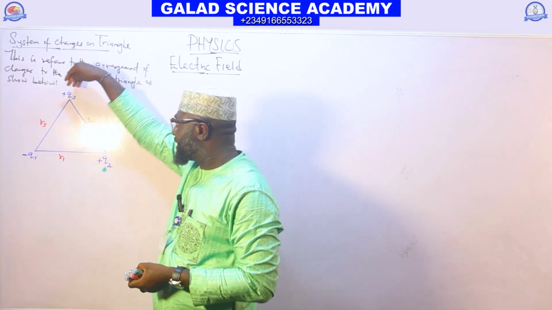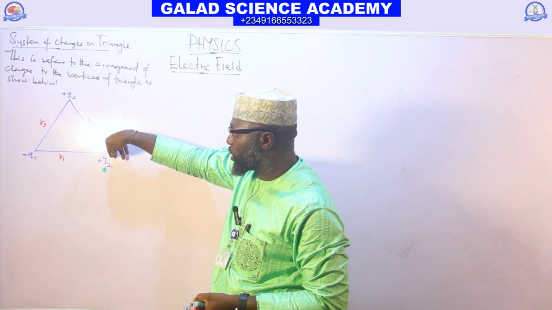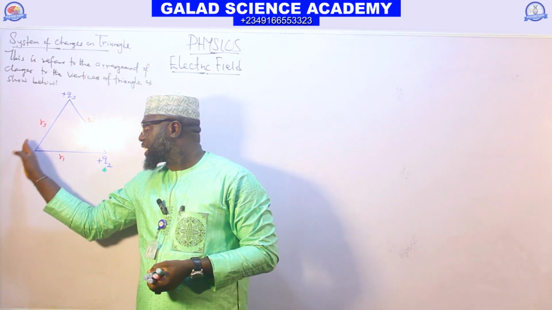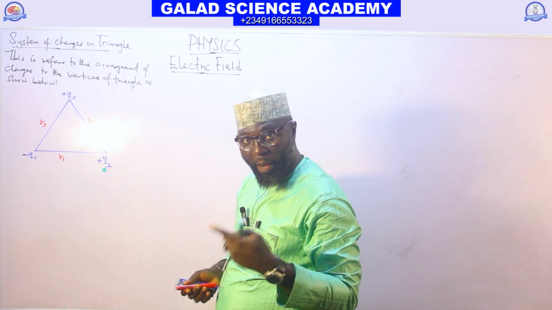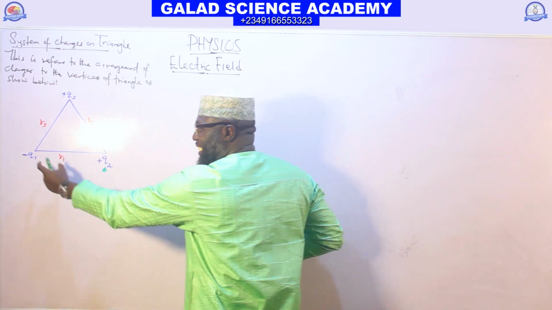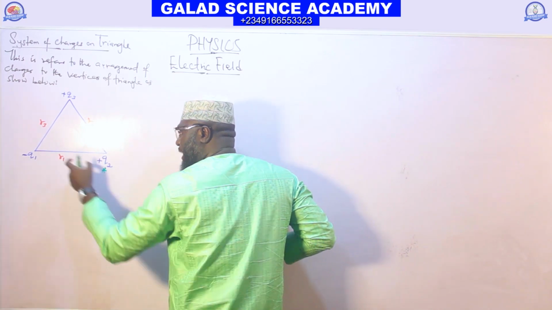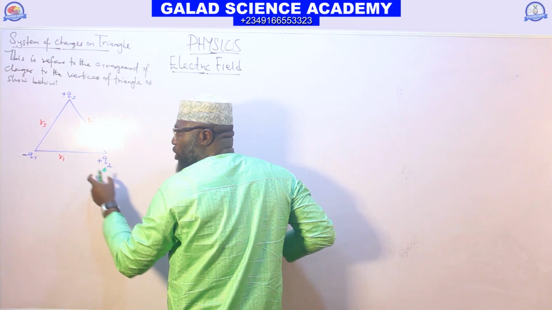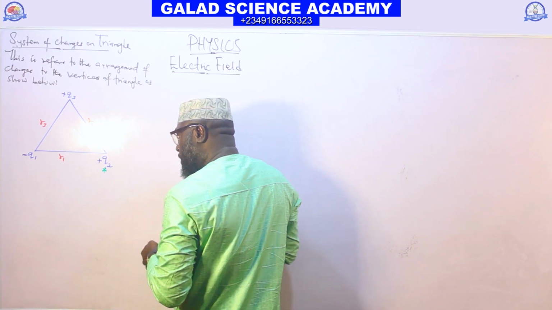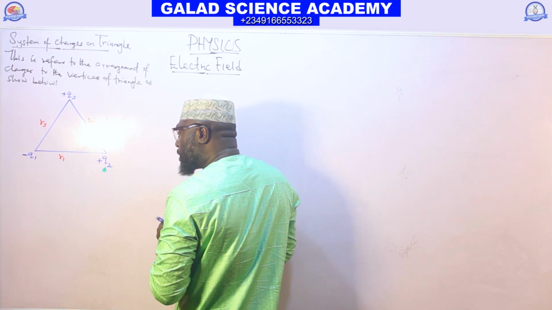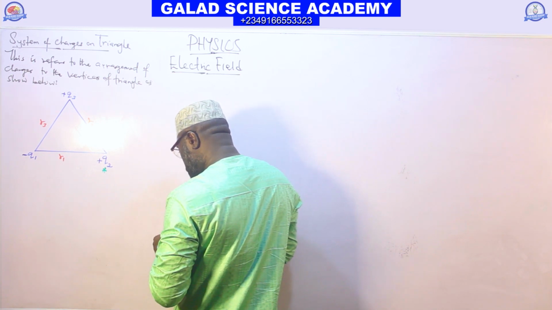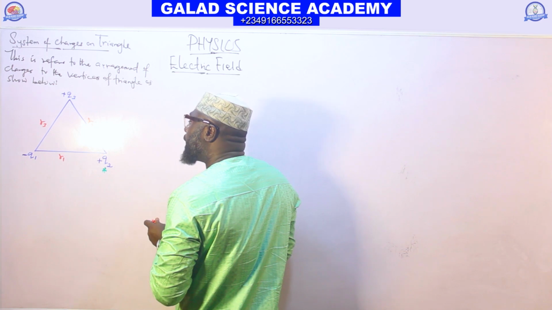The force that this charge Q3 exerted on Q2, the force which charge Q1 exerted on Q2. So between Q1 and Q2, are they going to attract or repel? They will attract.